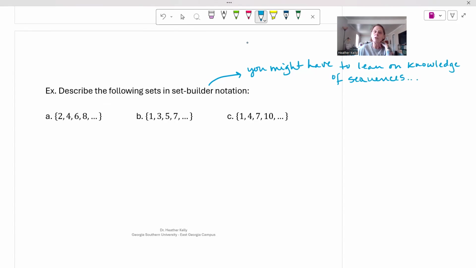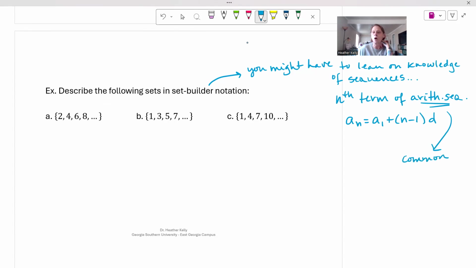And I want to remind you that the nth term of the arithmetic sequence is a sub n equals a sub 1 plus n minus 1 times d. And what makes something an arithmetic sequence is the common difference.